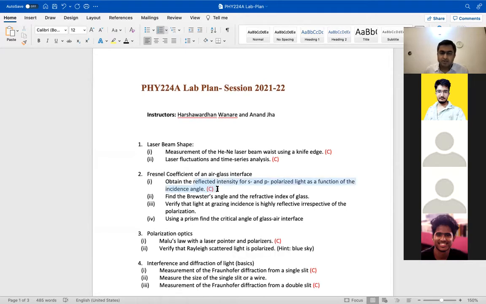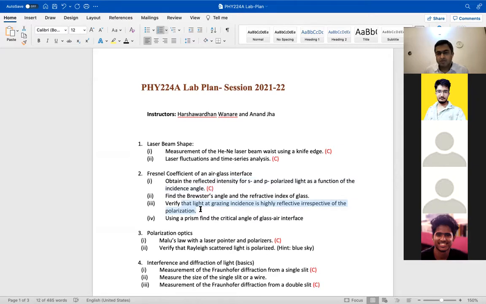There's a polarization selective reflection at Brewster's angle, but at grazing incidence, it's perfect reflection independent of the polarization. And also, using a prism, we need to find the critical angle of the glass-air interface.